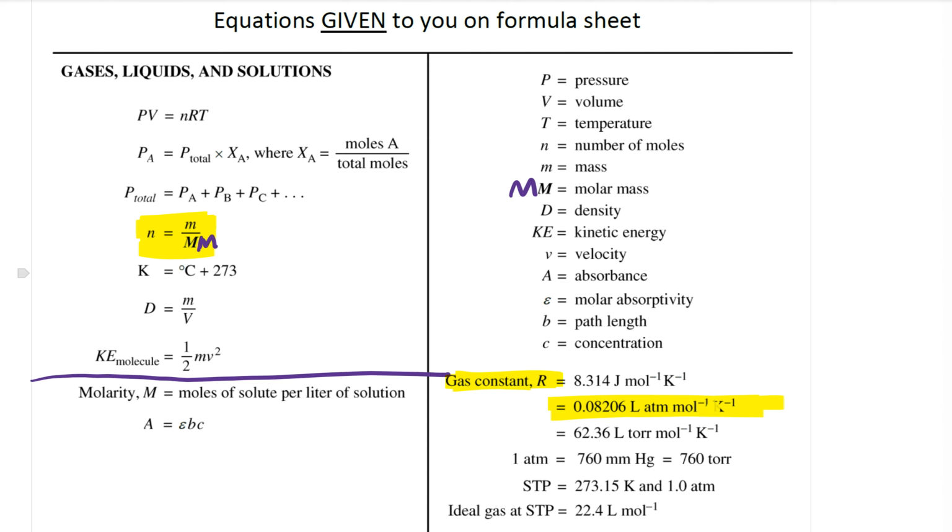When you see that -1 as your exponent, we know that those variables are going to be in the denominator. Now, there are different values for R, but I just recommend sticking with 0.08206 because those are the units that we're typically going to work with. So if you stick with liters, atmospheres, moles, and Kelvin, you're going to need to use 0.08206.